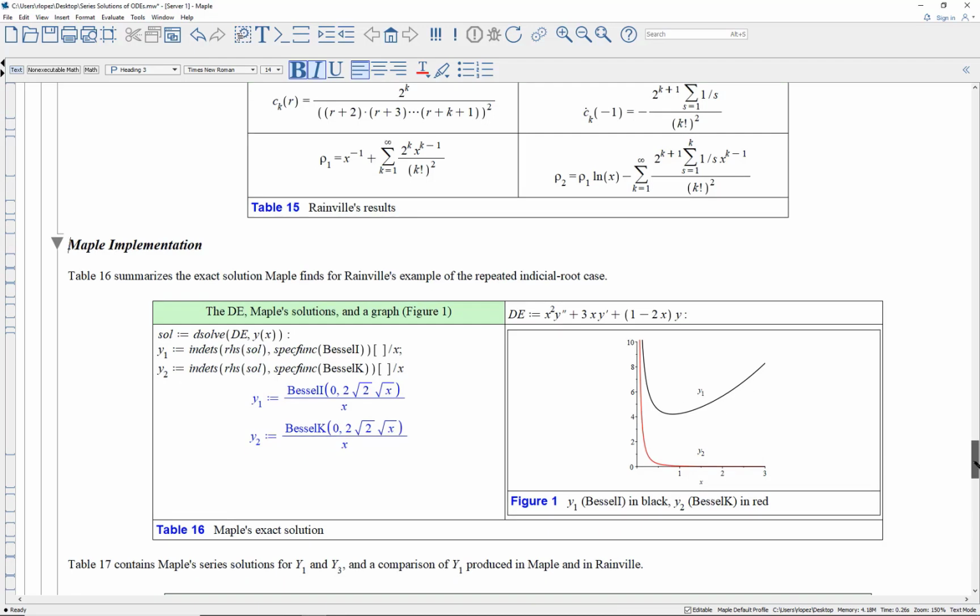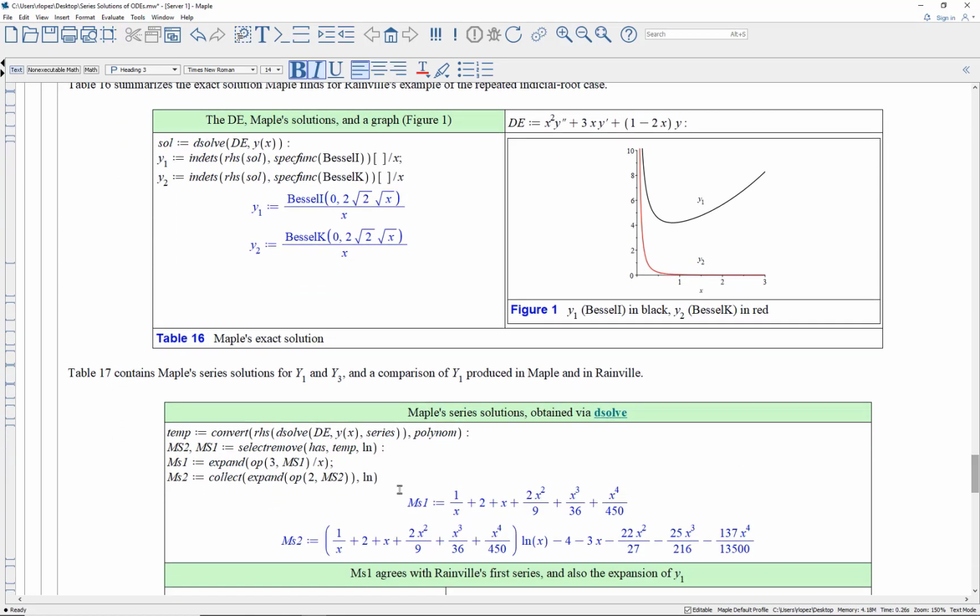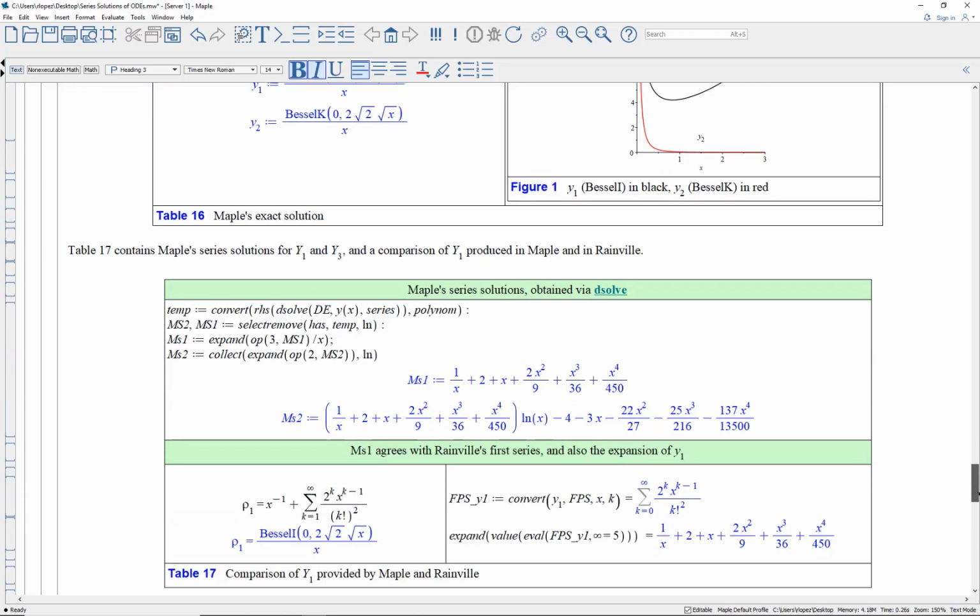Okay, so here in table 17, we're going to get Maple series solutions. Maple series solution, y1. This is the logarithmic one, so this is Maple series y3. And I want to compare to what Rainville got. This is Rainville's solution. I call it rho. If I type this into Maple this way and hit the Enter key, Maple sums that series and it becomes Bessel I over x.